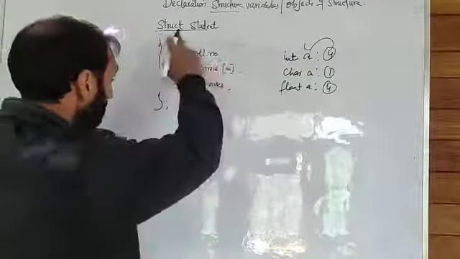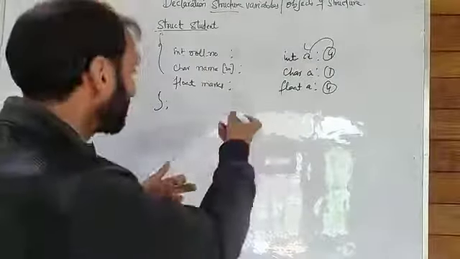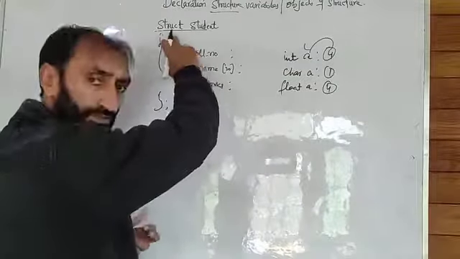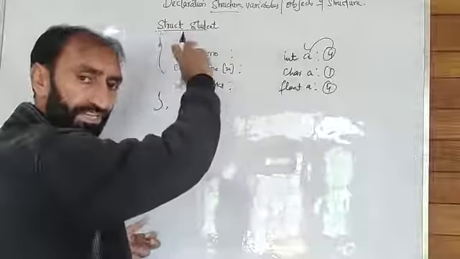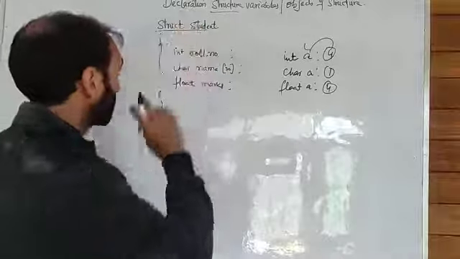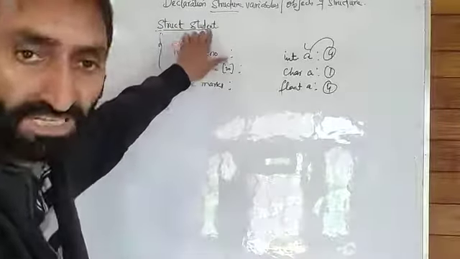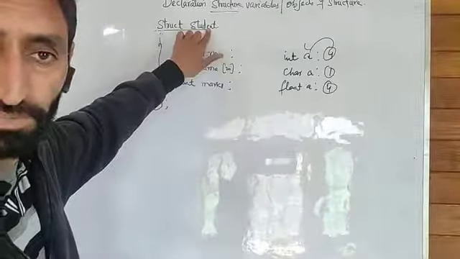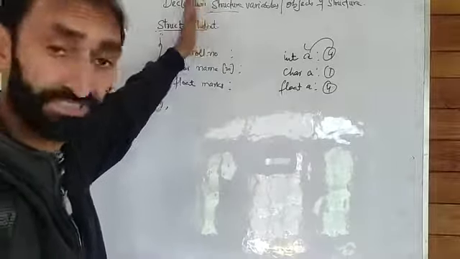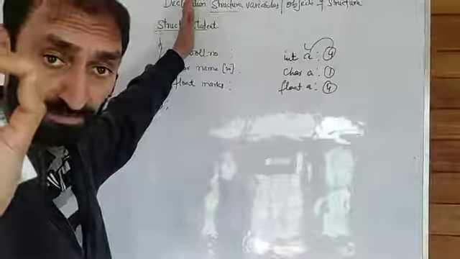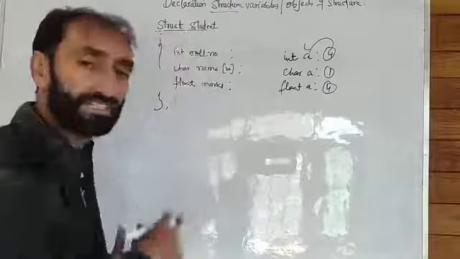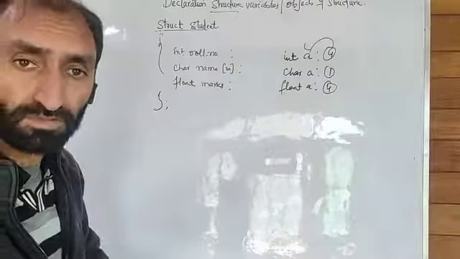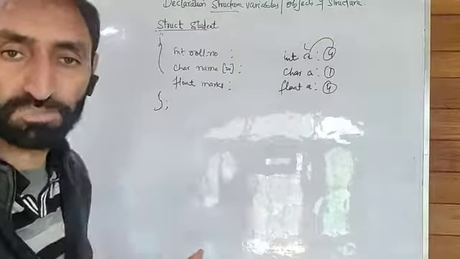Accordingly, the memory manager will allocate memory to this user-defined data type, to this structure, according to this name. Struct student is a user-defined data type. Not only struct is a data type, but the whole struct student is the user-defined data type.